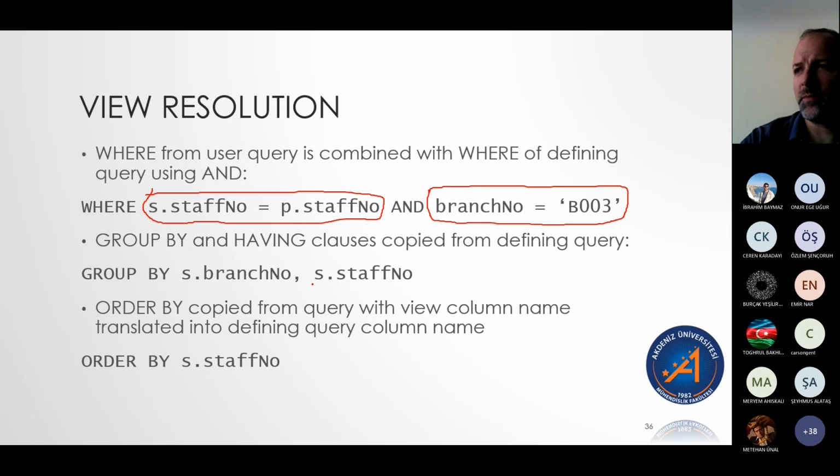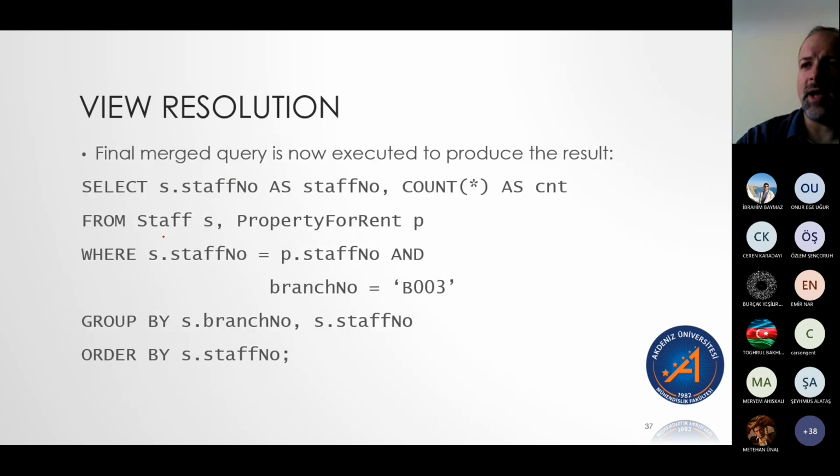This group by comes from the query for the view. And then we included this order by, so this order by came from the query that we're using the view with. That's the query we wrote.